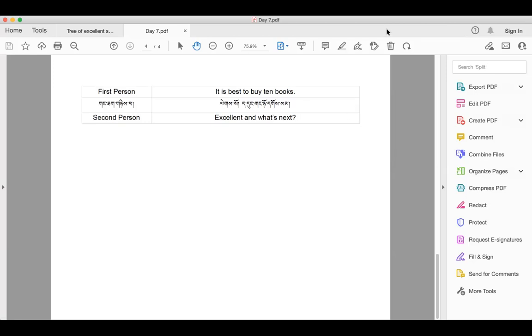Which means, how much money should I pay you? Or how much money do I have to pay you? So in this particular case, we see that it becomes how much. So therefore, it can also be understood as how much or how many.